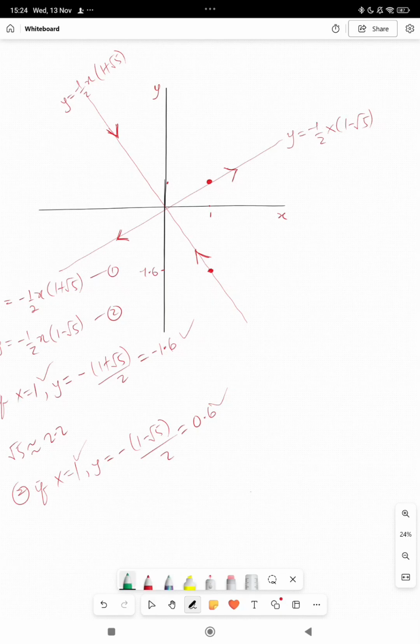Now we can draw our solution curves by following our phase lines. So we start from here and curve here. Start from the top, curve here. We start from here, curve here.